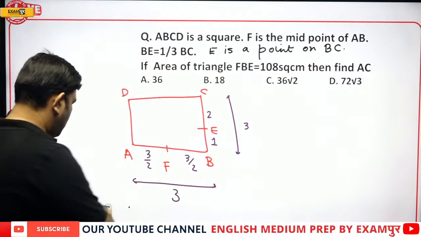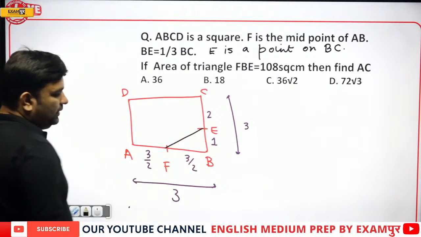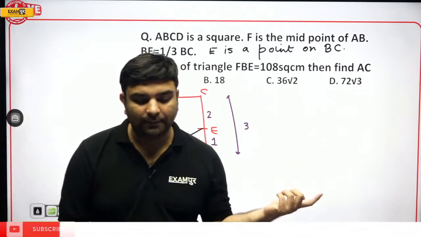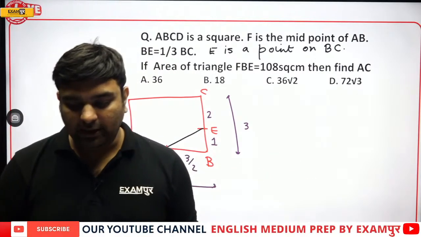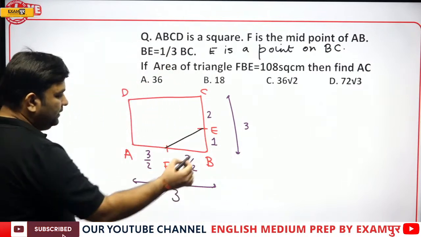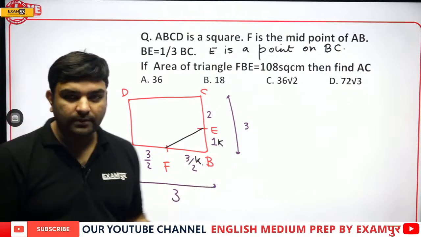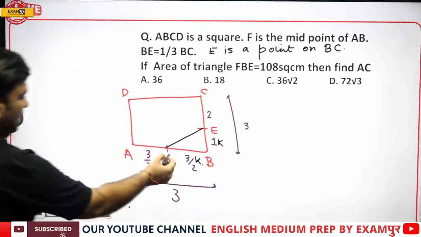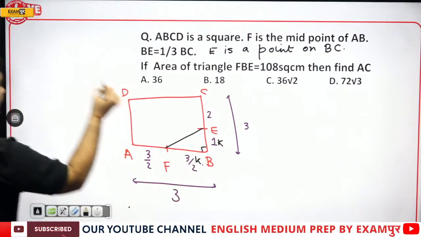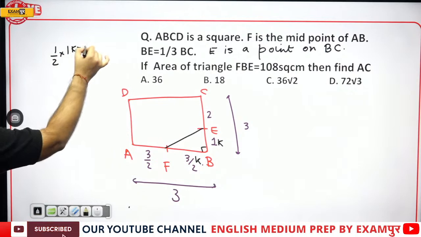Now, area of triangle FBE. Now guys, in area there is a multiplication. So I need to take K with it. In multiplication, guys, I need to take K with it. That is called samajdari. So area of this right angle triangle is half into perpendicular into base.